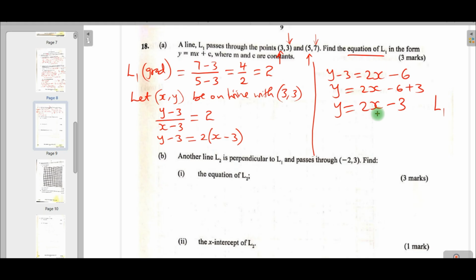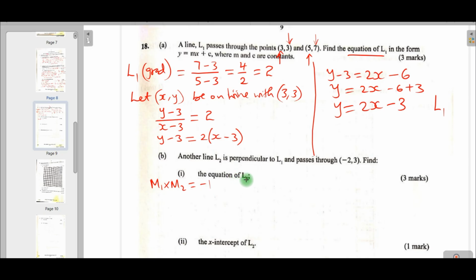Next is part B of the question. For part B, another line L2 is perpendicular to L1 and passes through (-2, 3). Find the equation of L2. Since L2 is perpendicular to L1, the product of the gradients of two perpendicular lines, M1 times M2, will give us -1.